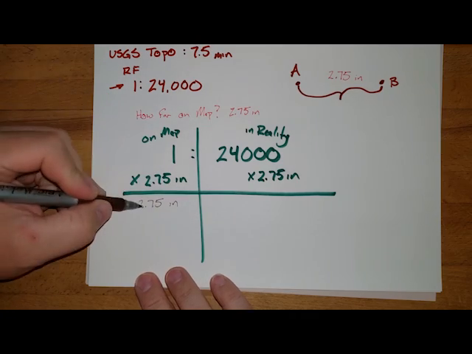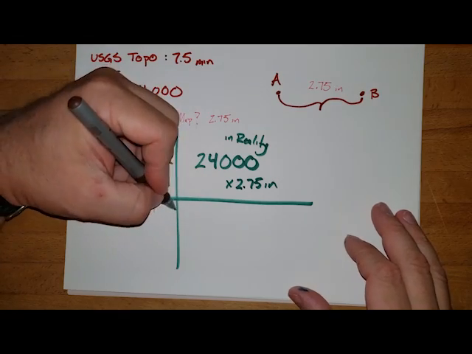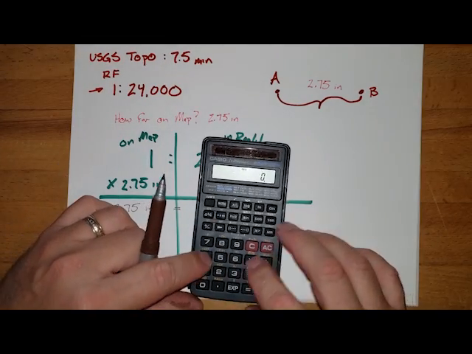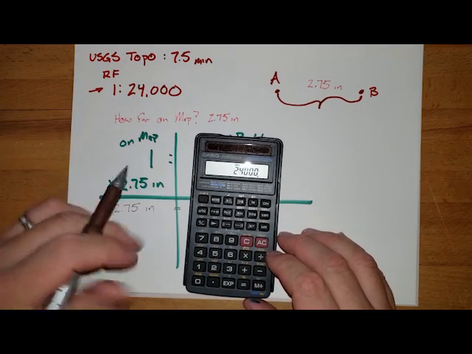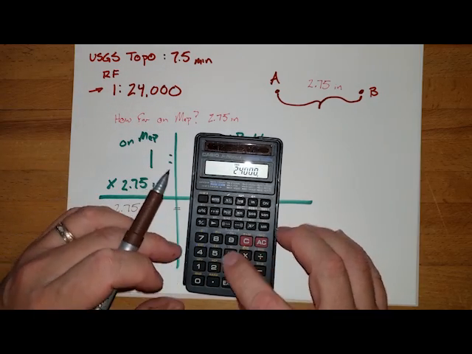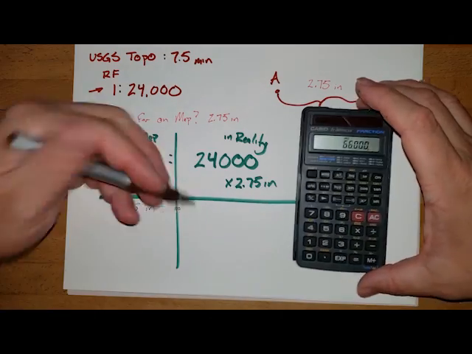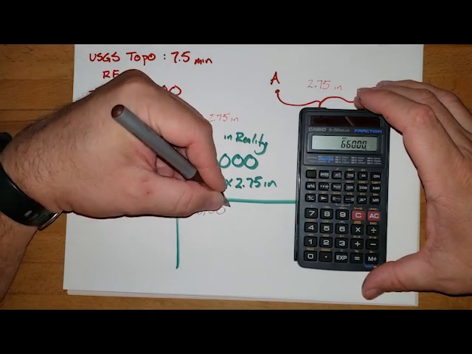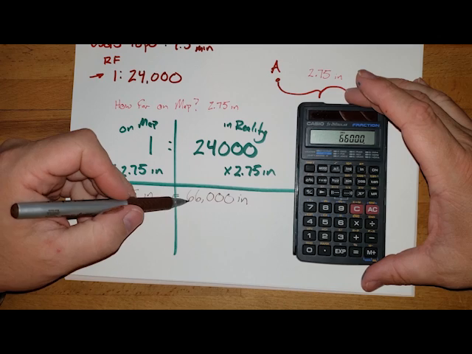Okay, 2.75 inches on the map is equal to how many inches in reality? So here's what I got to do. I'm going to go 24,000. That's my map scale, times the distance on the map, times 2.75 equals, oh, wow, 66,000 inches. Okay. Well, that is just a whole lot of inches.